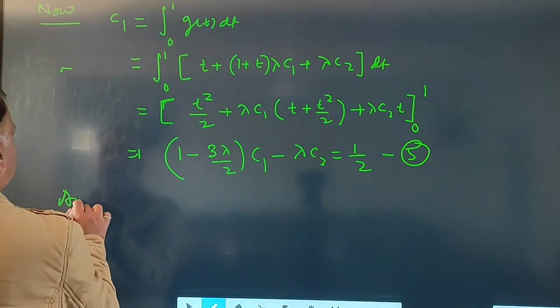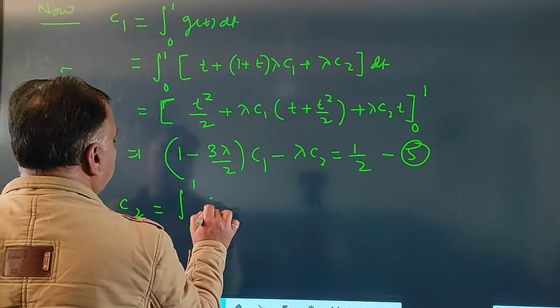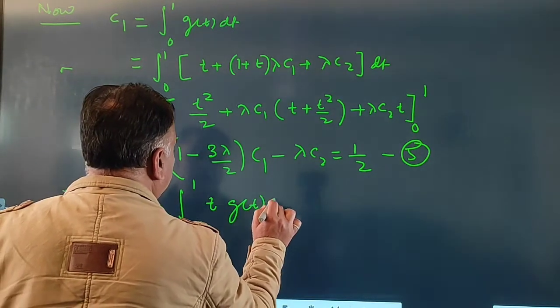Now the value of c2 is equal to the integral from 0 to 1 of t g(t) dt.